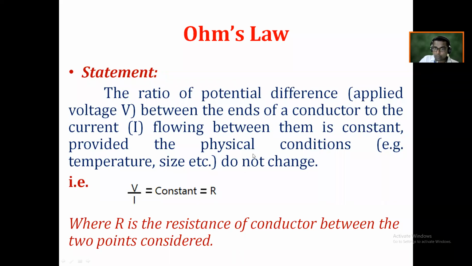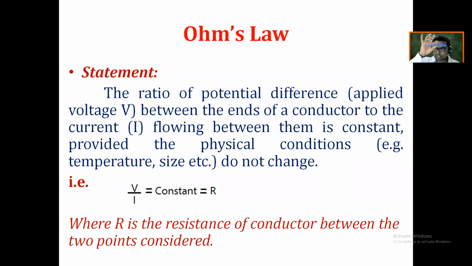When potential difference exists, definitely current is flowing. But this holds provided the physical condition of the conductor does not change. That's why V divided by I is equal to a constant, and this constant is nothing but the resistance of that conductor, because this conductor has a fixed resistance.